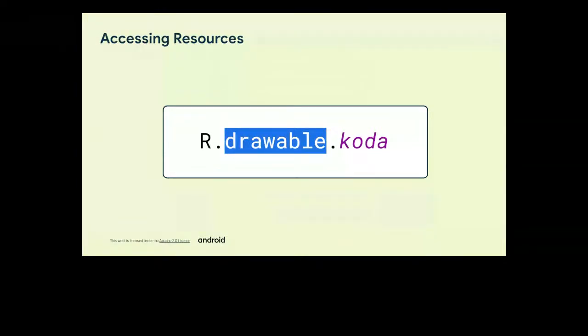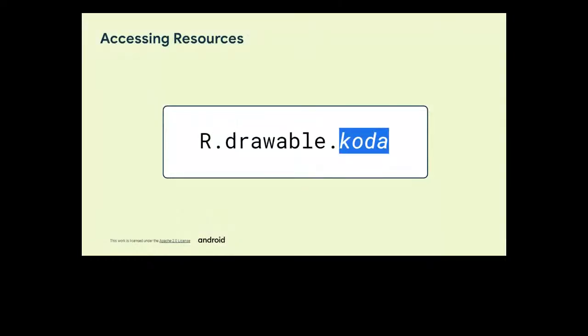R.drawable.coda means within the R class, there is an object called drawable. Within the drawable object, there is another object called coda. And this is the object that I want to display on my screen right now. This is how the compiler understands it.